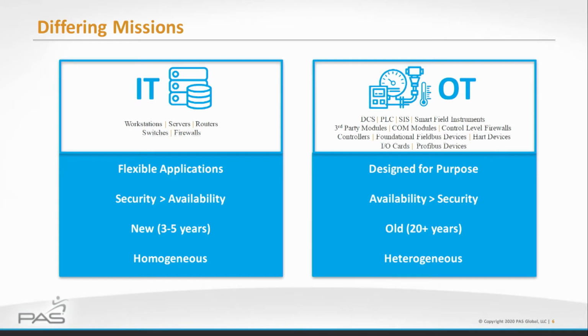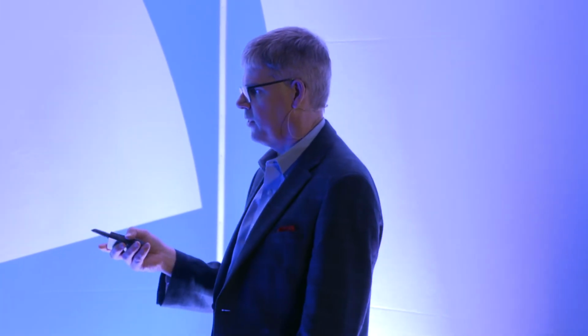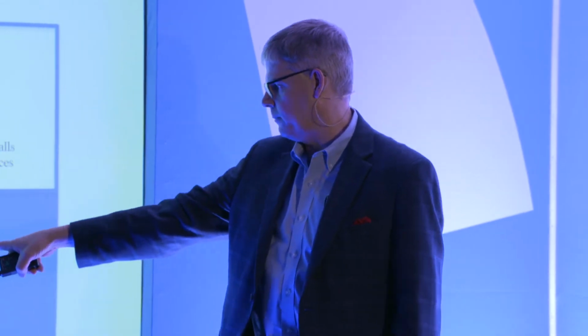First big difference: they are designed for a specific purpose. You don't take a server associated with a DCS and load Excel on it so you can build a financial spreadsheet. No. It has a job, let it do its job. The second thing, and this is the biggest difference, availability trumps security. Don't believe me? Go take a look at a typical refinery or chemical plant.